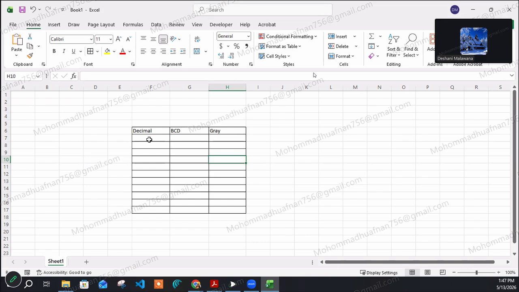BCD is normally the same as decimal, from 0 to 9, right? So today we are going to convert BCD to gray.